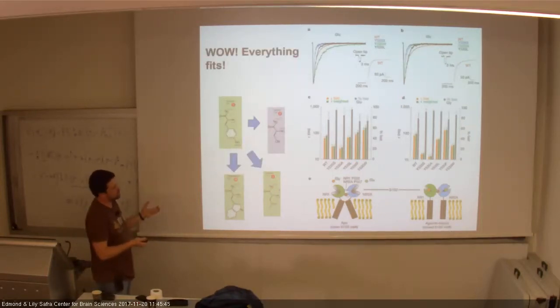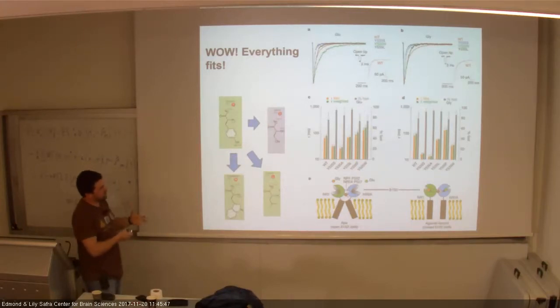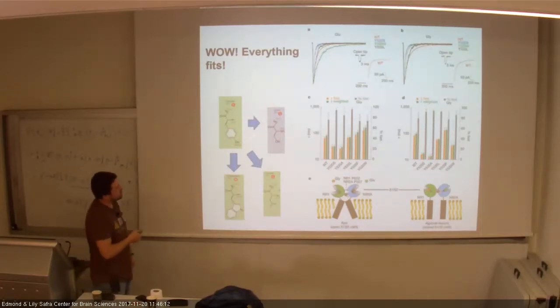That's why it's also a really amazing article, because everything just fits perfectly through the whole steps. So they mutated it. Their proposed model is that when they mutated this amino acid to a different amino acid that doesn't have this aromatic ring, then the kinetics really sped up.